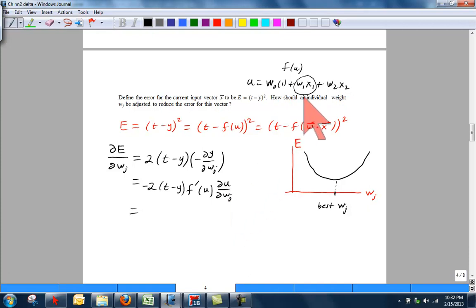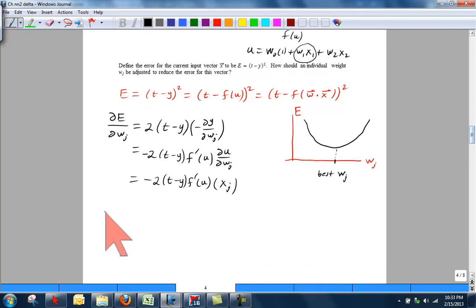The middle term does have a w1, and its partial derivative with respect to w1 is x1. So if I copy this, minus 2 times (t minus y), f prime of u, and then times x1, or in general, x_j. And here then is an expression for the change in error with respect to a weight.